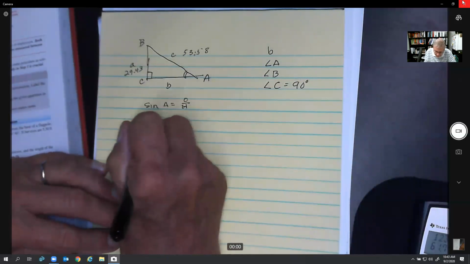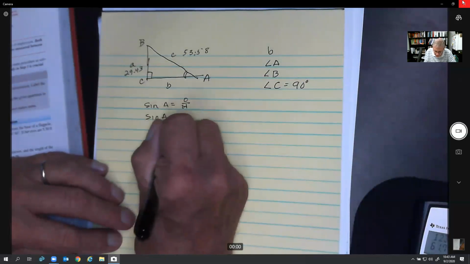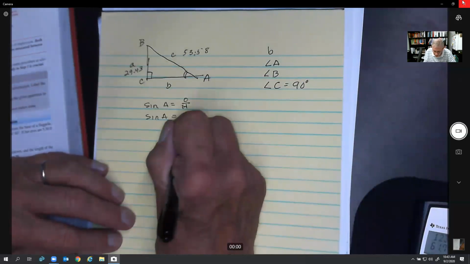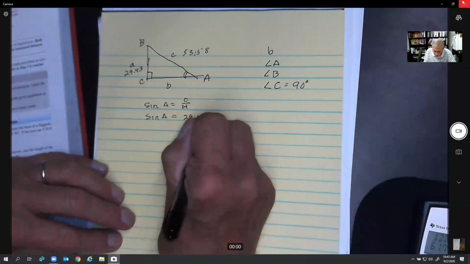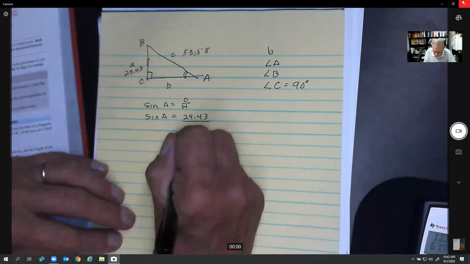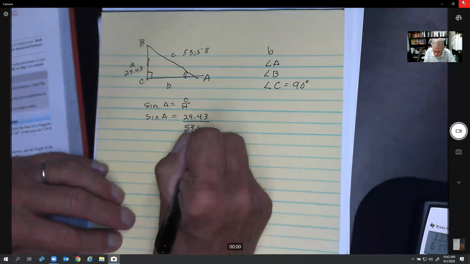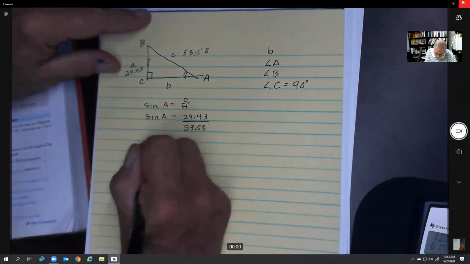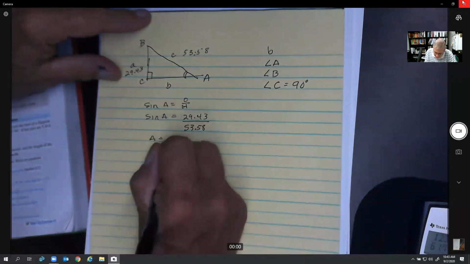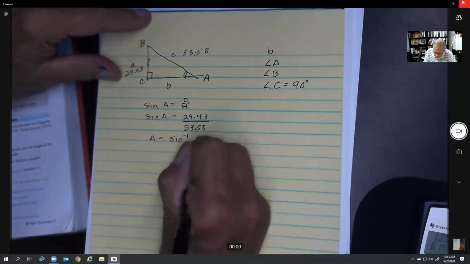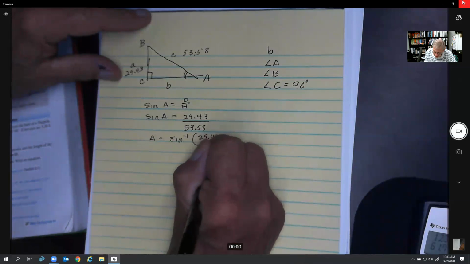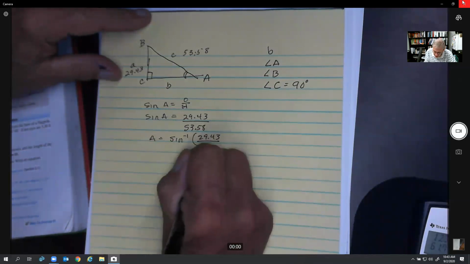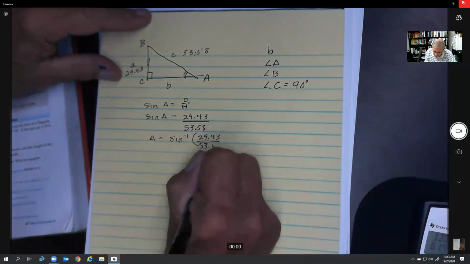The sine of A equals opposite, which is 29.43, over the hypotenuse, which is 53.58. But we want the inverse function of that. So A is the inverse function of this thing. We could do this all in one step, or in 2 steps, but we're going to do it in 1 step.